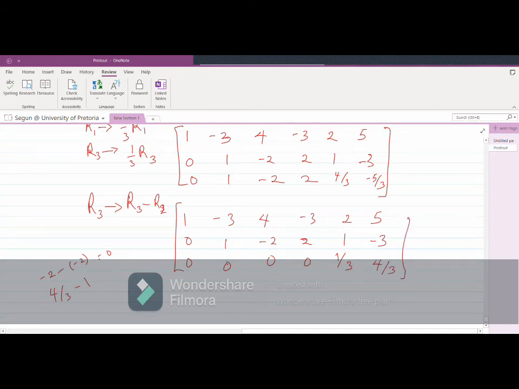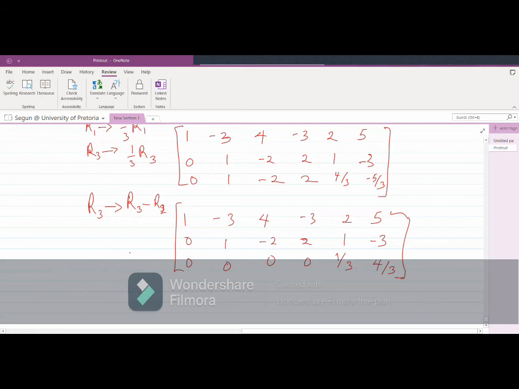Any question, please? So which one again do we need to reduce? Row 3. We just finished row 3 now. Or do we need to reduce it more? So by what?